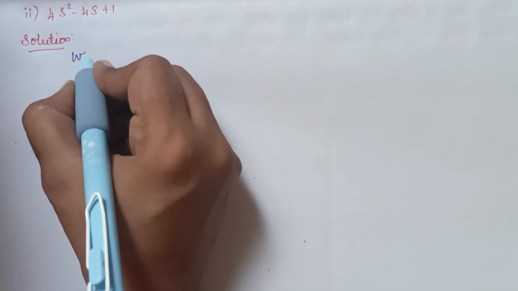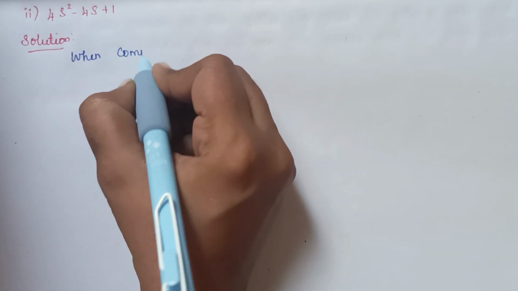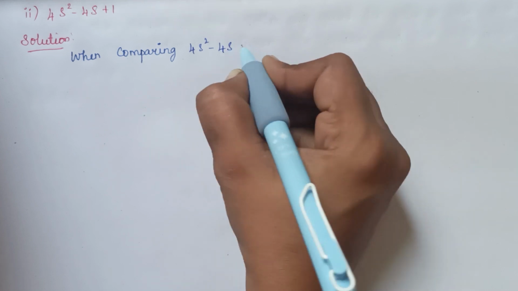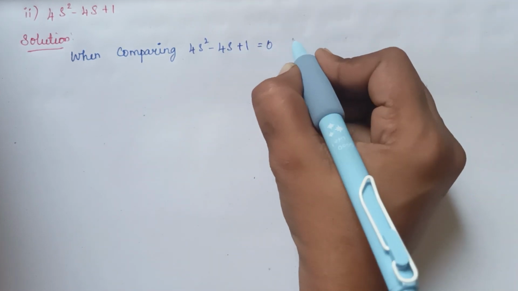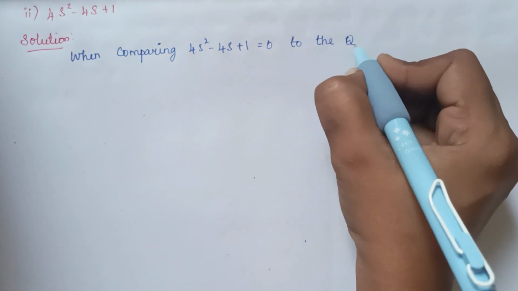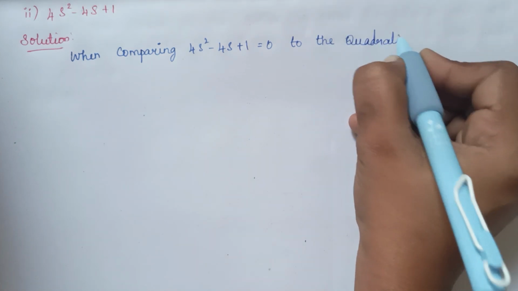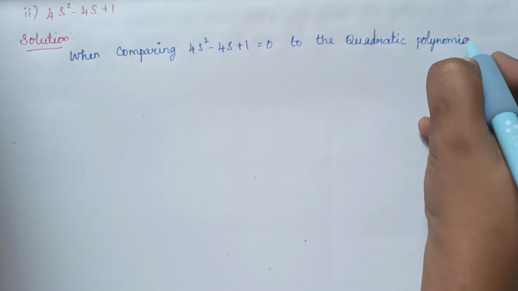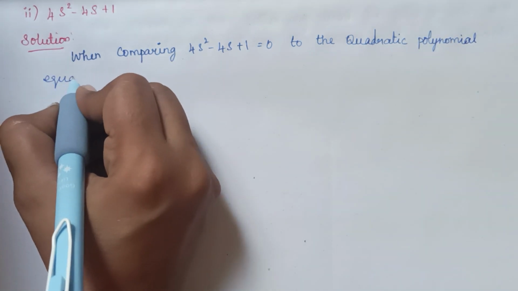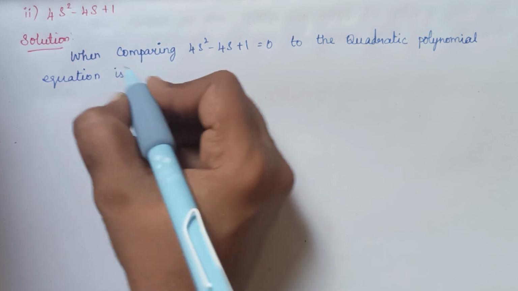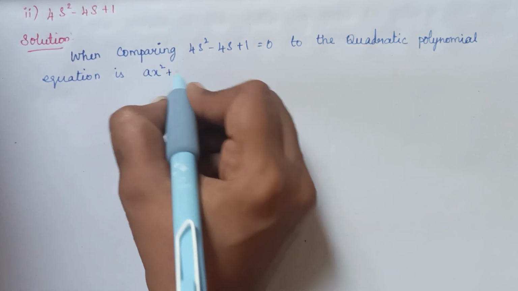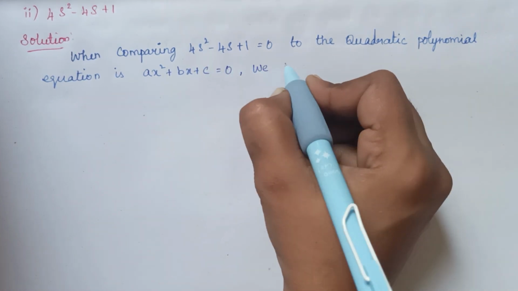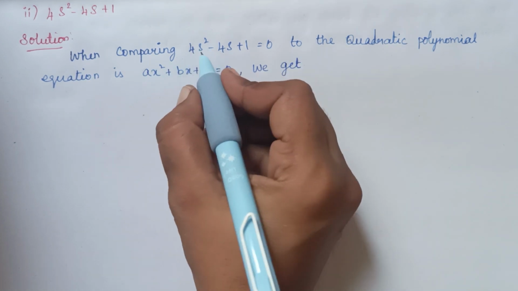Now when comparing 4s square minus 4s plus 1 is equal to 0 to the quadratic polynomial equation, which is ax square plus bx plus c is equal to 0, we should compare these two equations.